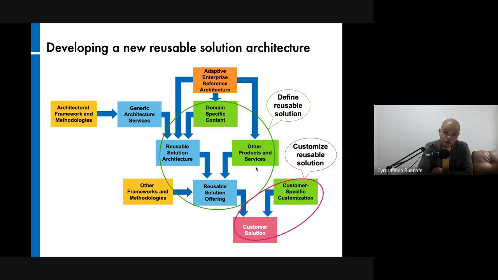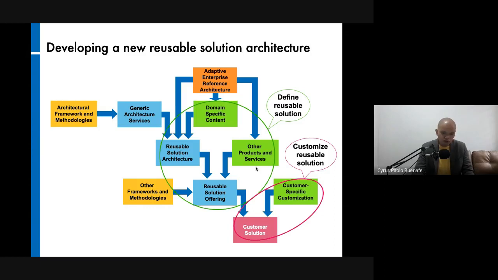And then from your reusable solution architecture, you come up with a reusable solution offering. Now, that reusable solution offering can be augmented by other frameworks and methodologies, not only limited to solution architecture. And it can be augmented by other products and services. Your solution architecture should foresee the possibility that you can augment your offering.